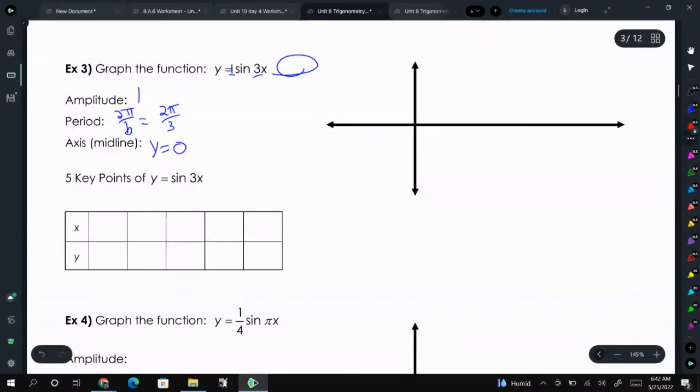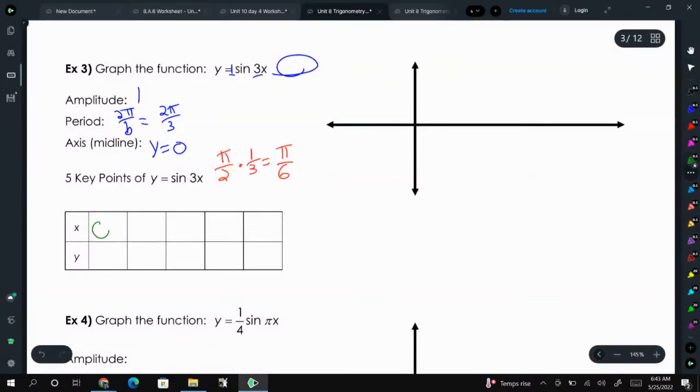And then our increment, remember, it's going to be pi over 2 divided by b. So instead of dividing by 3, we're going to multiply by 1/3, which is going to be pi over 6. So that's what I'm going to go up by each time.